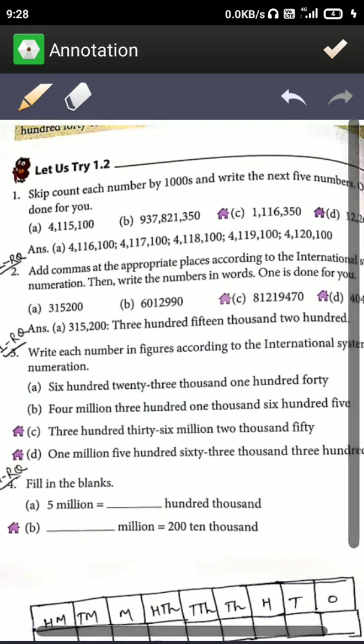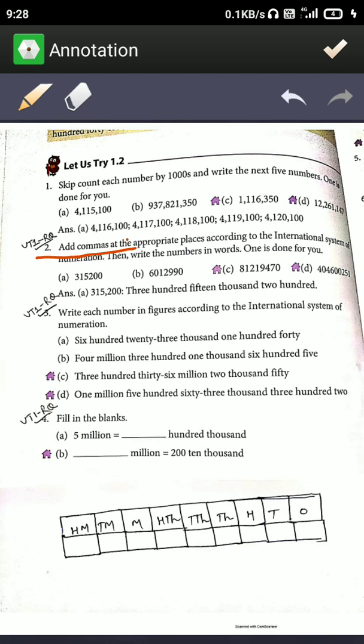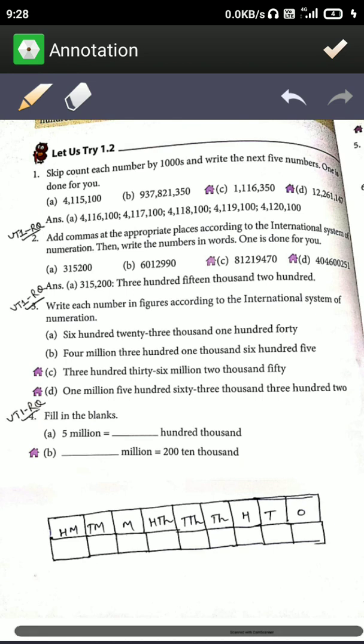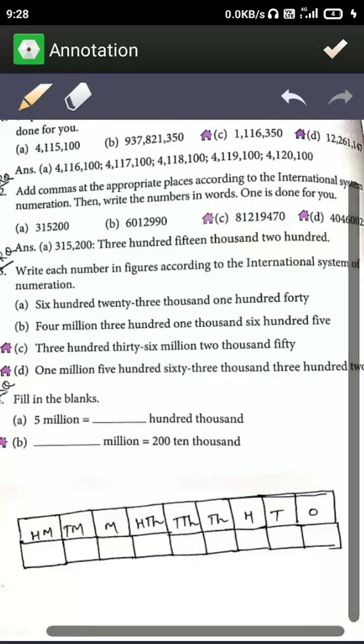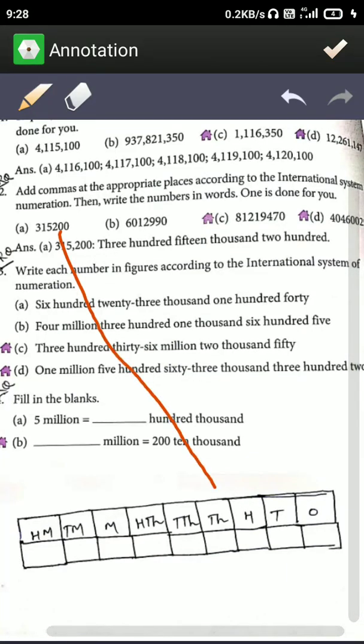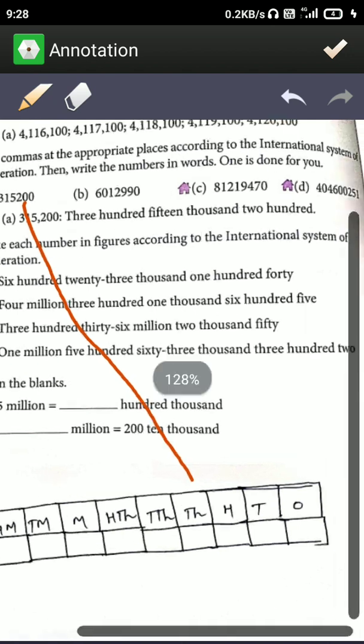First question is to insert commas at the appropriate places according to the international system of numeration. So first, we will place this number in the place value chart. Our number is 315200.